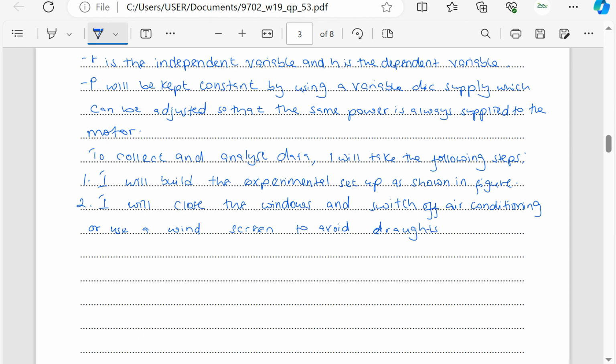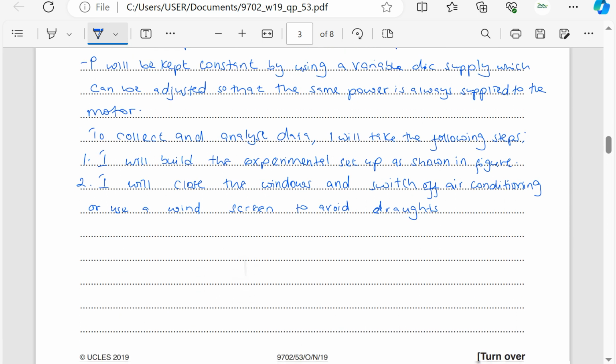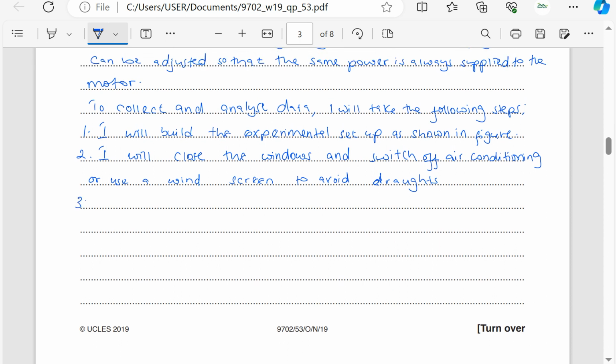Okay, so I think I'm now ready for the real experiment. So now I'm going to switch on the motor. So step number 3, I will switch on the motor and obtain readings of the voltmeter and the ammeter.